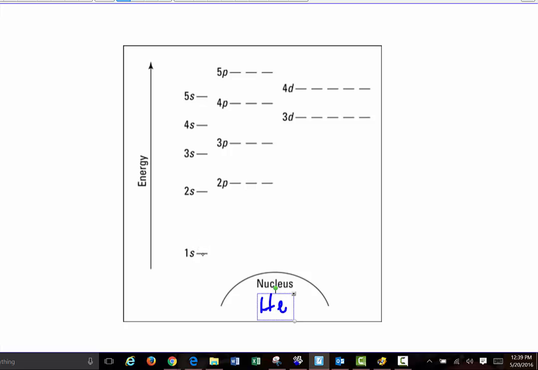So in the case of helium, for example, we would have 2 electrons here in the very first level, and we actually draw them in like this rather than little dots as we did before in the Bohr diagrams. And I'll talk about that later. That's not really important to us right now. But each orbital can hold 2 electrons. So this is a much more realistic picture of where electrons live in an atom.